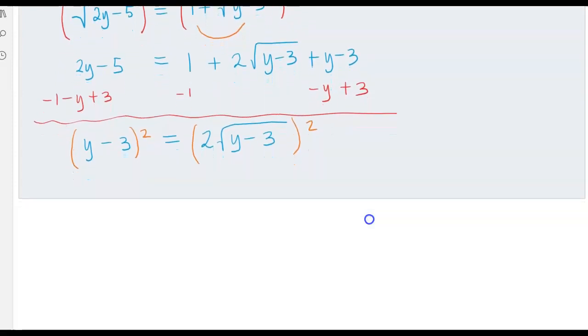On the left, we have y minus 3 times y minus 3, right? So we square the first term, square the last term, multiply the two terms together and double, so minus 6y. On the right-hand side, we're going to square the 2, which will give me a 4. And then we're going to square the square root, which is going to be y minus 3.